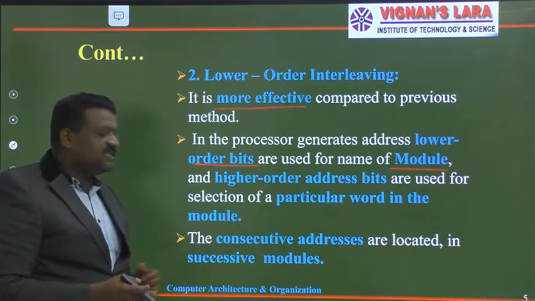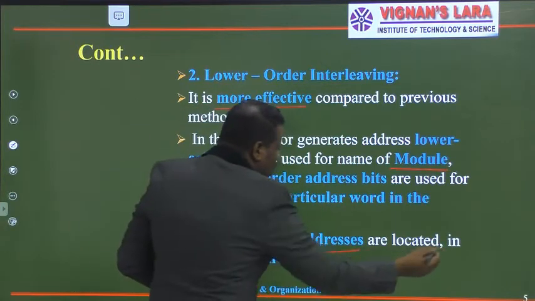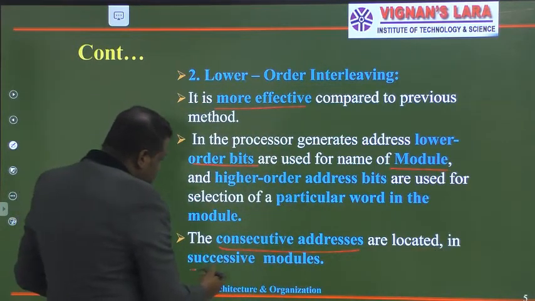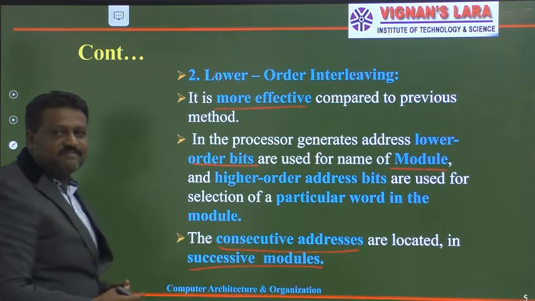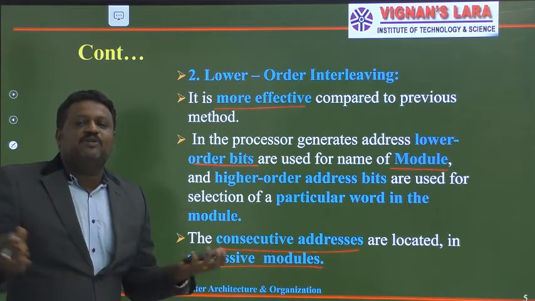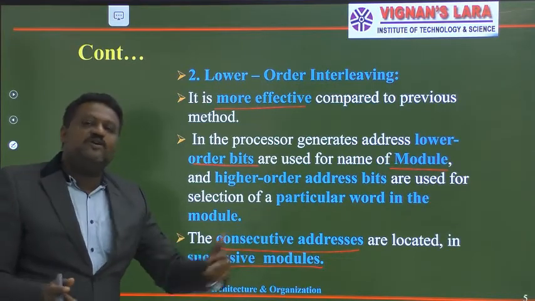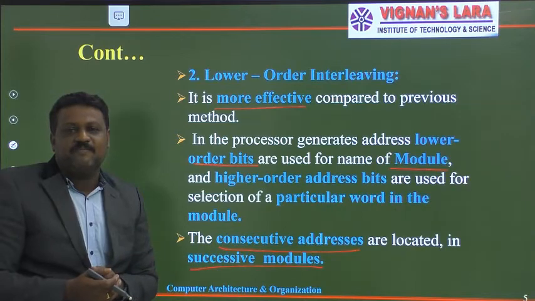That is an important thing here. So the consecutive addresses are located in successive memory modules. That means if I want to access successive words from the memory, the related addresses do not belong to the same module; they may be present in different modules.